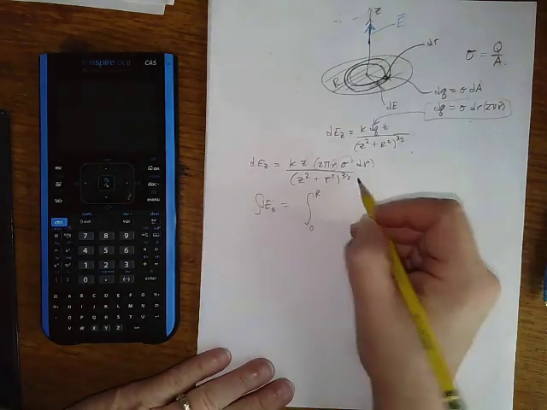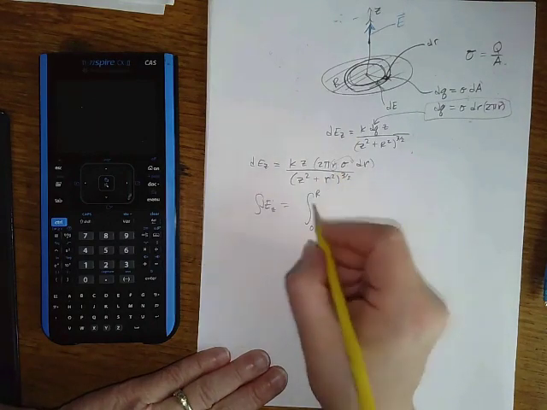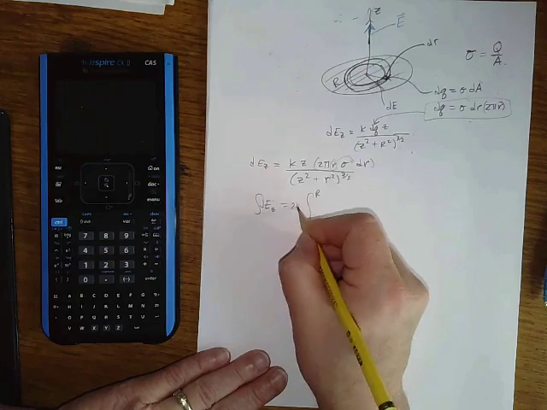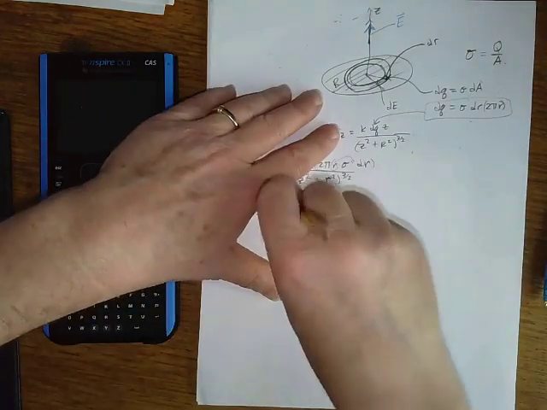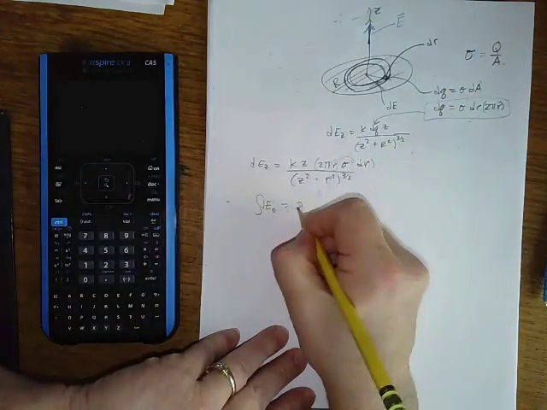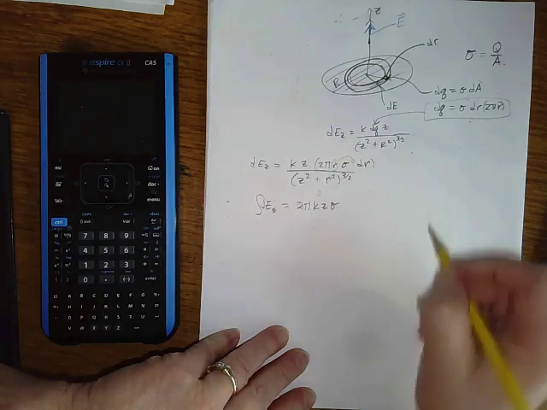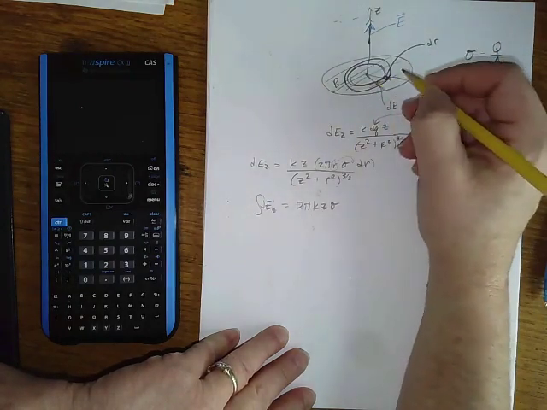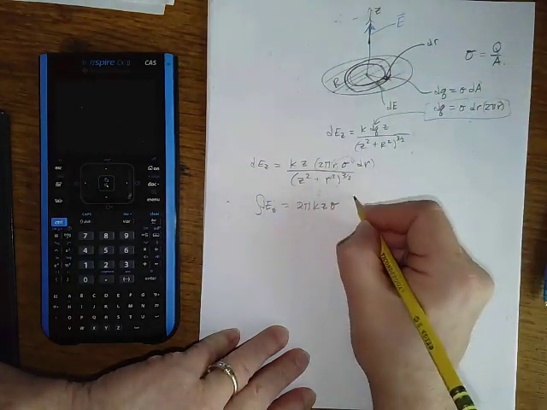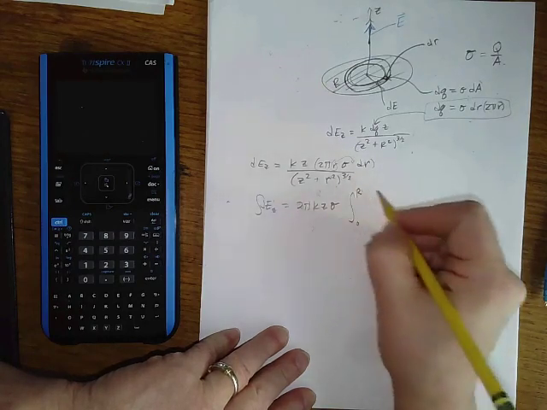But we can pull out 2 pi k z sigma, it looks like. 2 pi, k, z, and sigma are all constants in terms of this integration going out this way. And then we can write our integral from 0 to capital R. What's still inside?